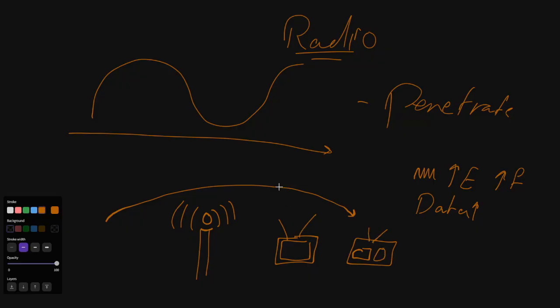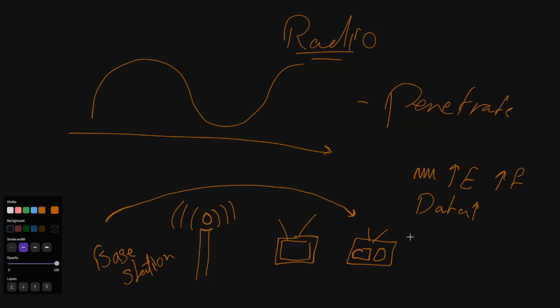So it's good for a single base station. This base station propagates all the data that all these devices need. But the problem here is that we transfer something very low on data, like just voice.